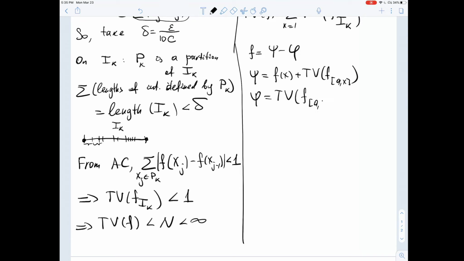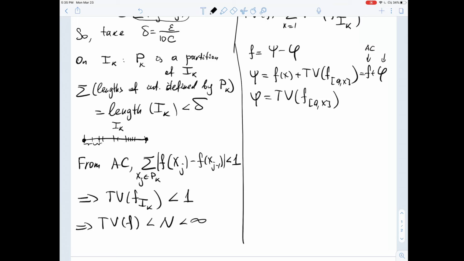So I'll be done if I prove that these functions phi and psi are absolutely continuous. In fact, because f is already absolutely continuous, if I show only that phi is absolutely continuous, then I win. Because psi is f plus phi, and if f is AC and if I prove that phi is AC, then the sum is definitely AC.